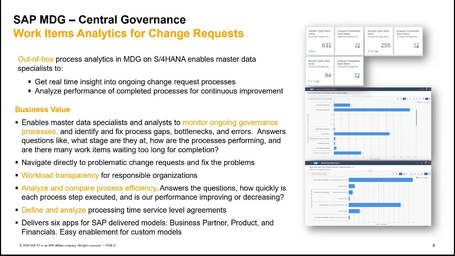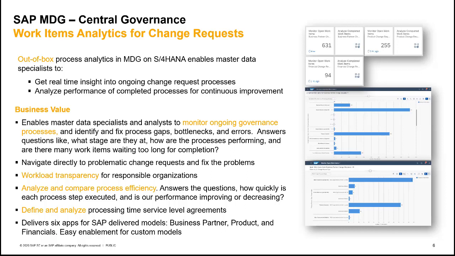You can also get the workload of the responsible organizations or operators who are processing these change requests. Another important feature is that you can monitor the health of the work list, how long the work items have been waiting for approval. This is also very important to know so that you can really push the ongoing process forward.